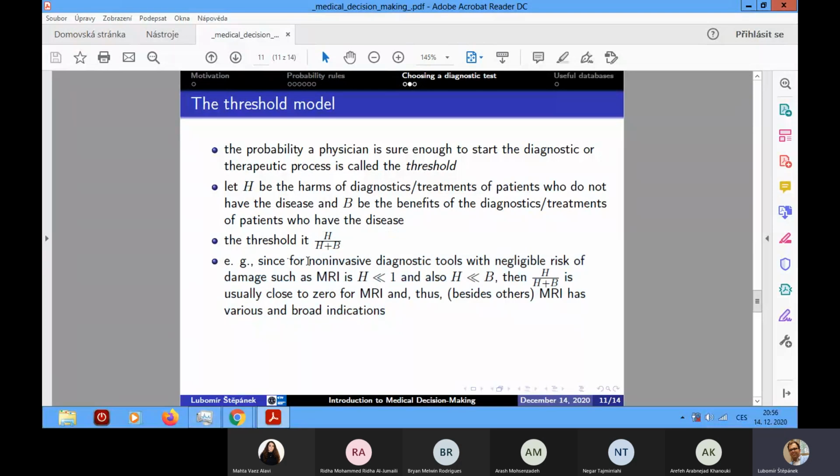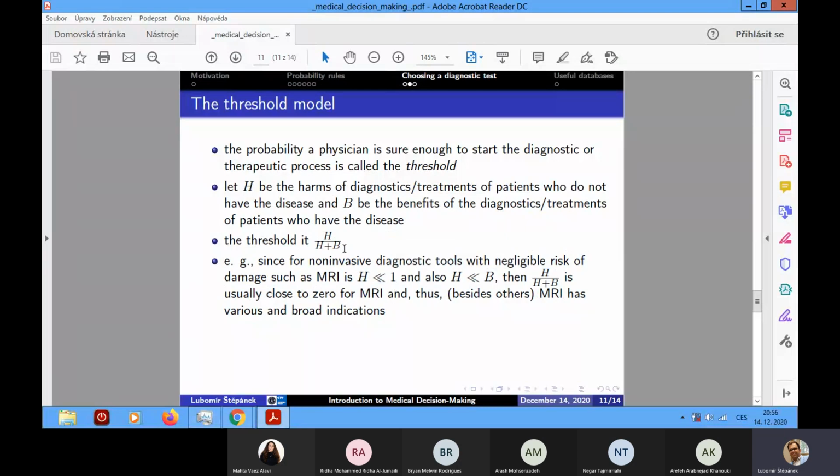Let's suppose that we have a non-invasive diagnostic tool, for example, with absolutely negligible risk of damage. Such tools are, for example, MRI or ultrasound or maybe Doppler. They are definitely non-invasive, and the risk of damage is negligible. So the harms are definitely very low, pretty close to zero.